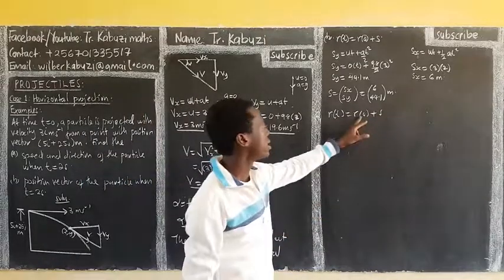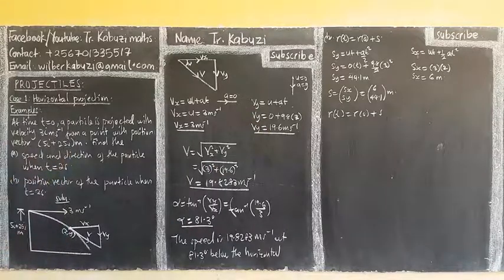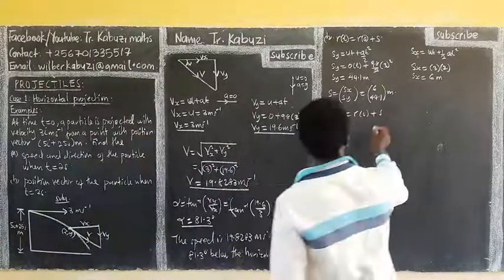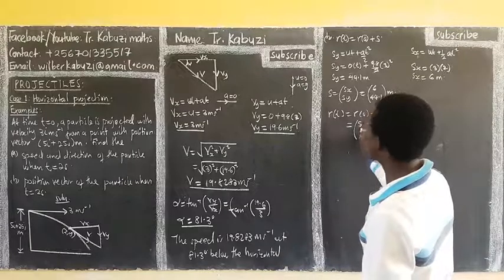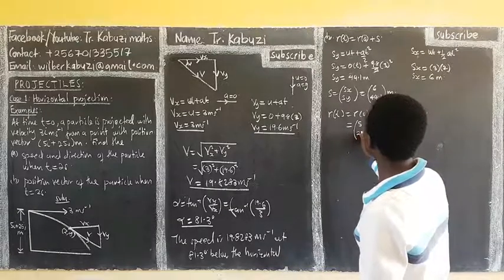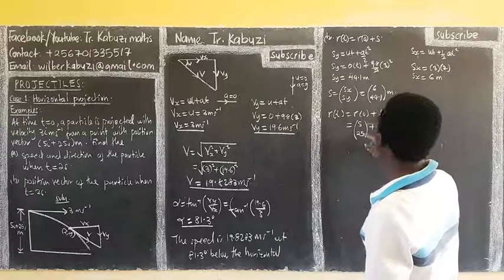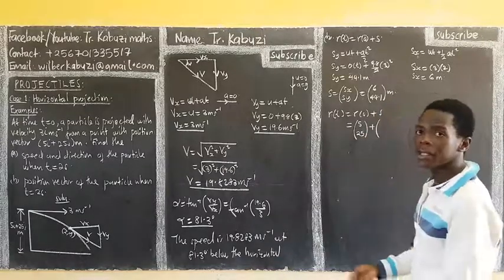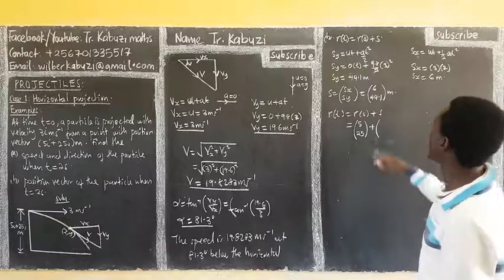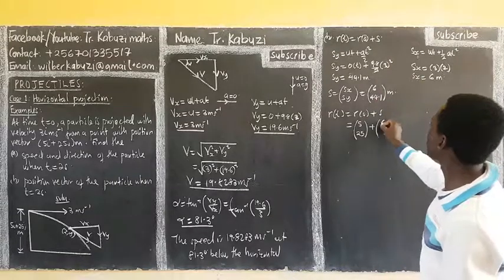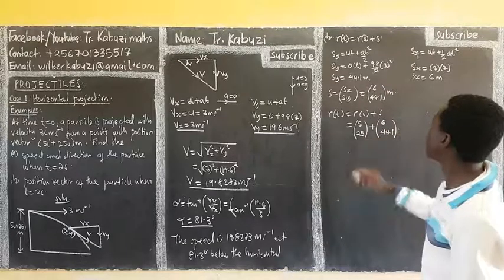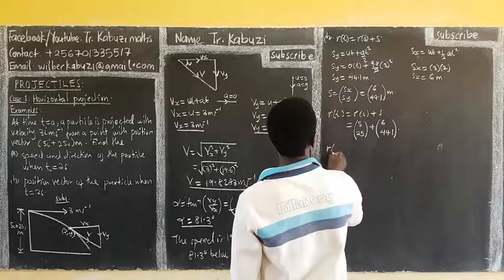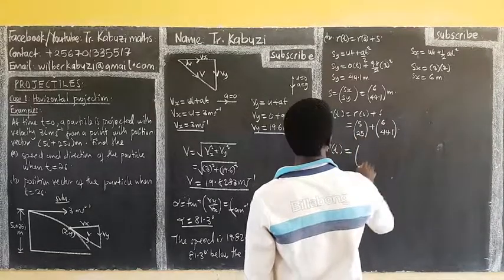We are going to take this as our initial point because this particle was at that point, which is going to be 5, 2, 5, plus the i, then the j. The i means the x component, the j means the y component. Then the displacement here, the x component is 6, then the y component is 4.1.